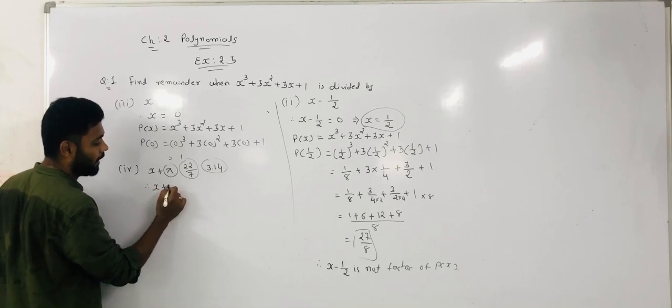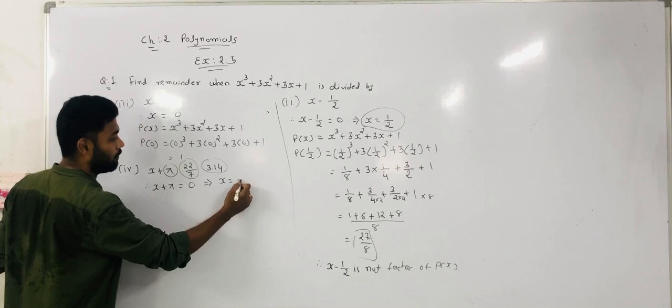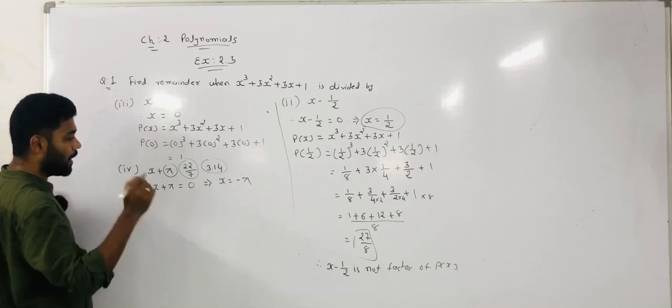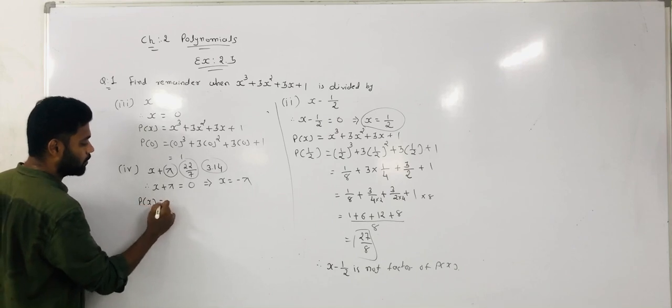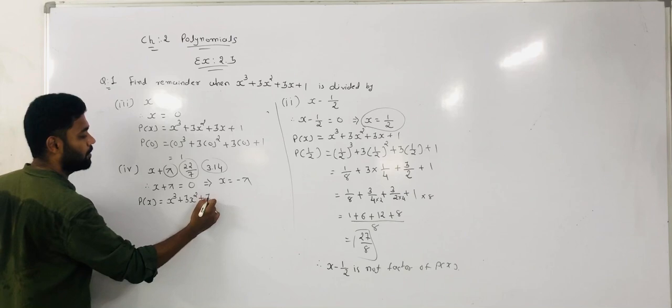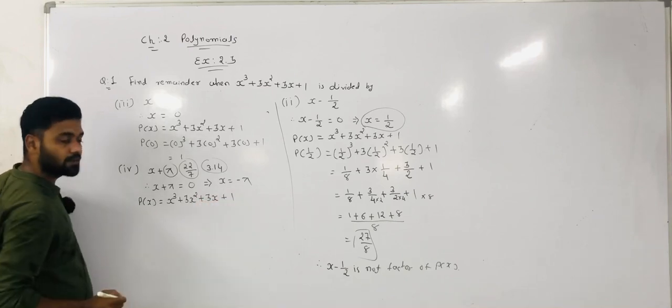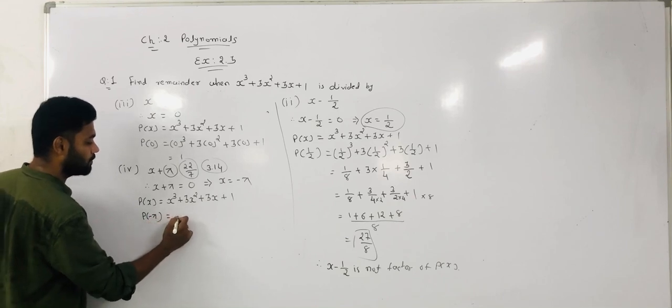So compare x plus pi with 0. So you will get x equal to minus pi. Same p of x equal to x cube plus 3x square plus 3x plus 1. In that put x equal to minus pi.